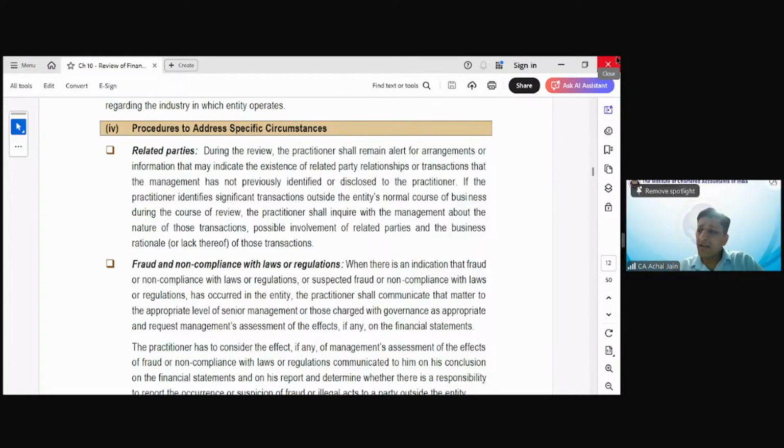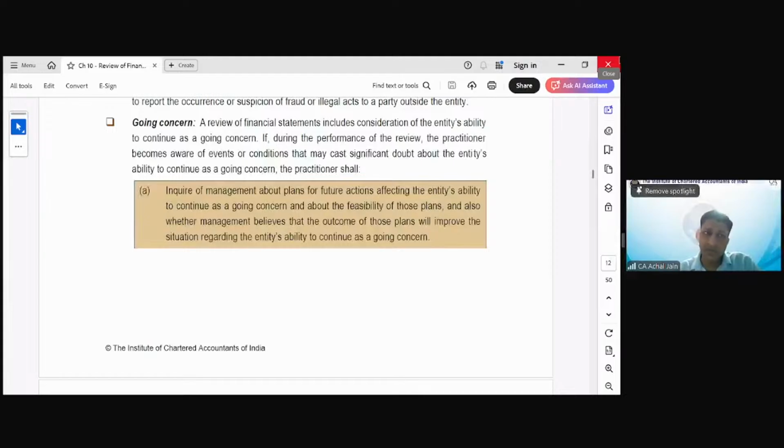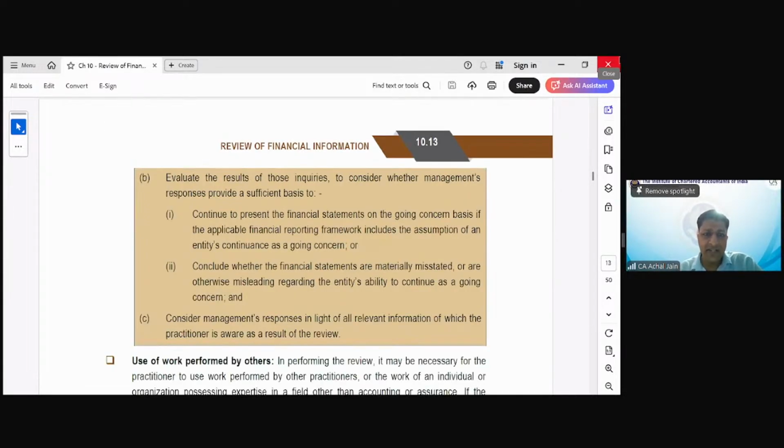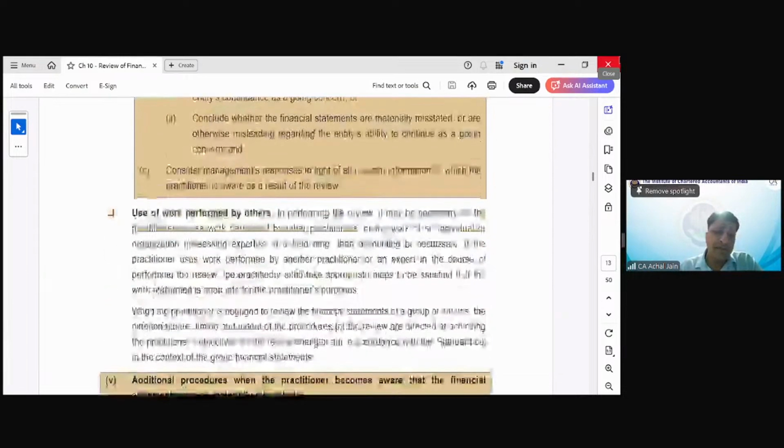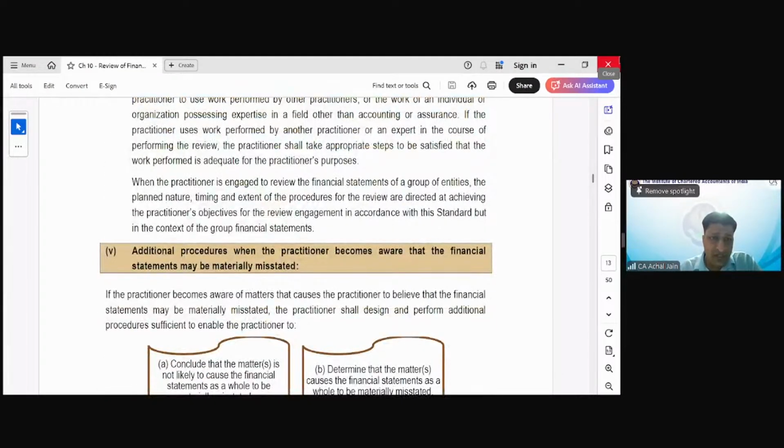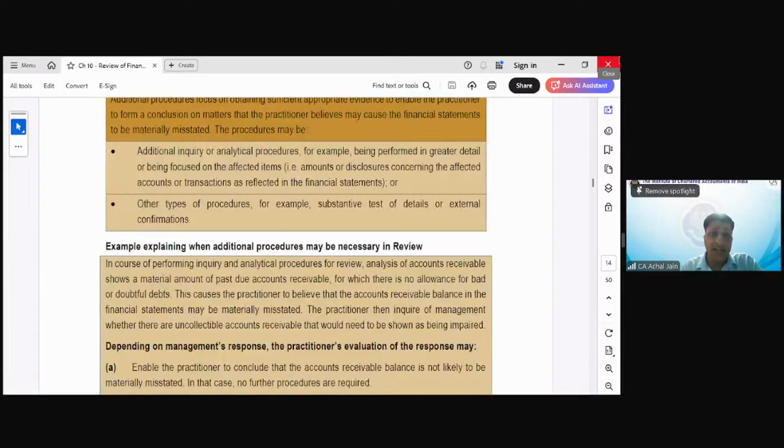All of these factors he'll consider, and all of those compliances which the company would be having, he will have to cover as a part of his or her procedures in relation to review. Going concern again is one area that he needs to look at. Use of work performed by others, meaning if any expert is involved, he'll be required to review that work. But here again, the objective is what? Review.